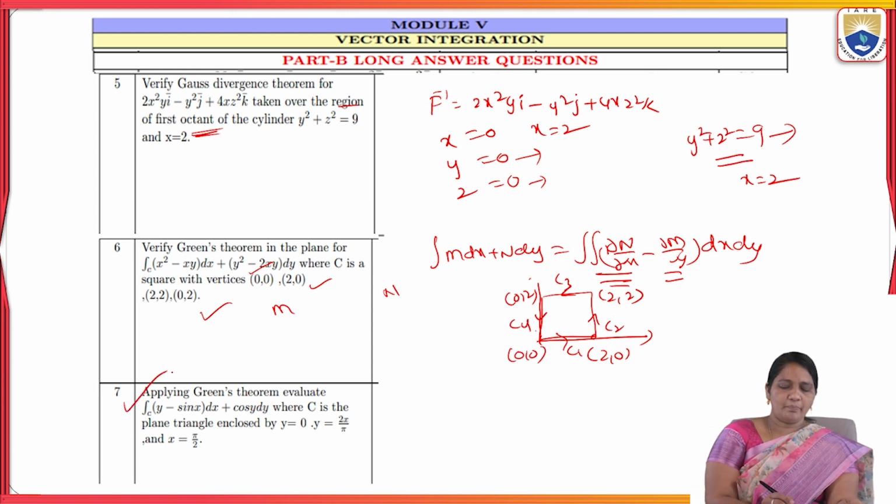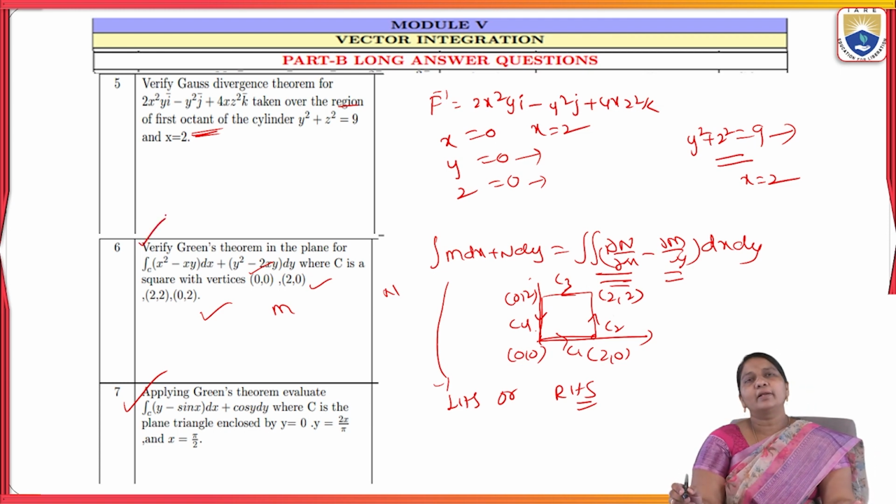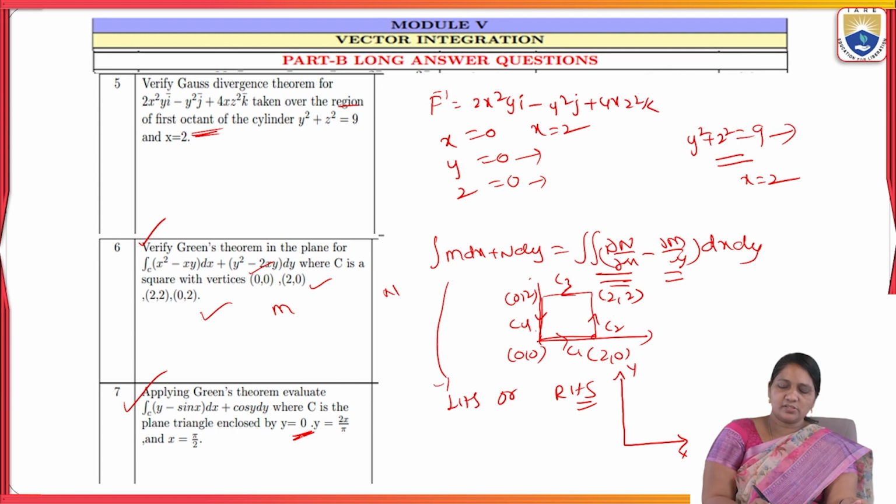And see the seventh one, apply the Green's theorem. That means we can do only the LHS part or the RHS part by applying the Green's theorem, whereas verify means we have to calculate both LHS and RHS values. We can observe that here we are getting a triangle. On the x-axis and y-axis, y equal to 0 on the x-axis, and here x value is pi by 2.